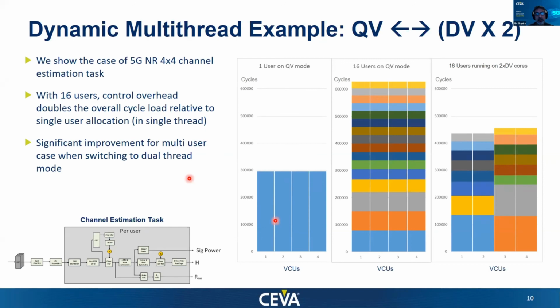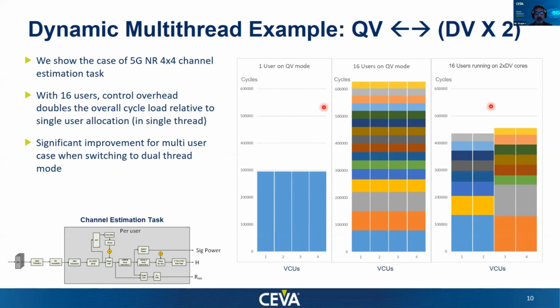Now, let's imagine a more realistic case where you have 16 users, and each one gets a narrow slice of the overall bandwidth. Now we're running the exact same code, but we see that the number of cycles more than doubles compared to the case of a single user. With this Gen 4 architecture, all we need to do is switch modes, from QV to DV.